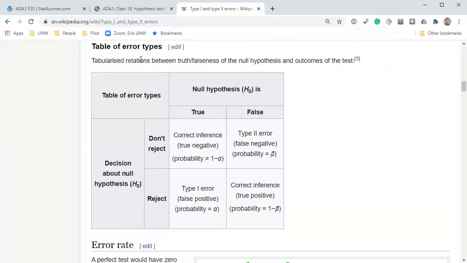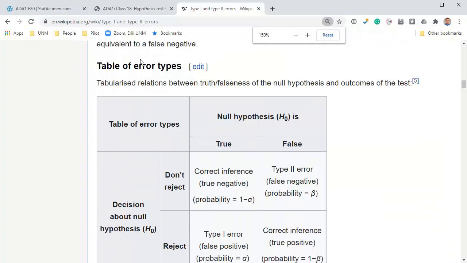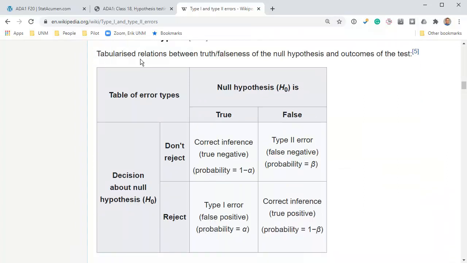I think I have a similar table in my lecture notes. Okay, so what type of error you could make depends on what decision you made about the null hypothesis. The way this table works is columns are the state of nature. It's what is actually true out there. It's the true state of nature that we don't know.